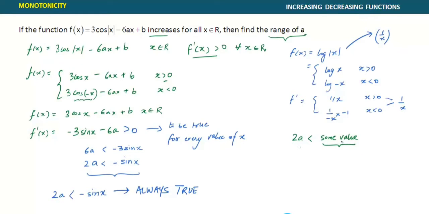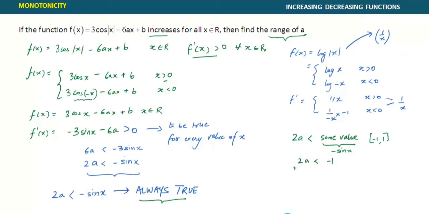So you want 2a to be smaller than some value which is ranging from minus 1 to 1, because this is here nothing but minus sine x. You want 2a to be smaller than this value, and it should be always true also. So if I say that 2a is smaller than the least value of the sine function, that is minus 1, then this quantity will always be true.